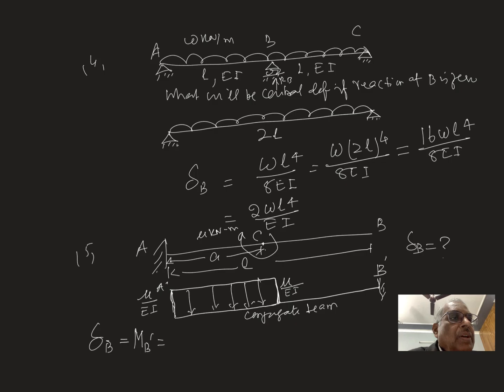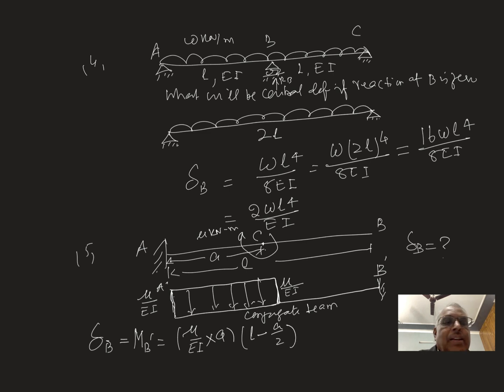So how to find the bending moment? This is the load, so load means area. Area is Mu by EI into a. This is the area, and the CG distance will be half, so total is L minus a by 2.